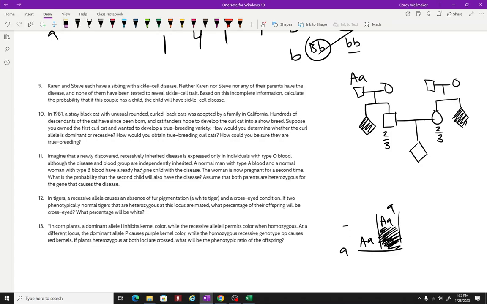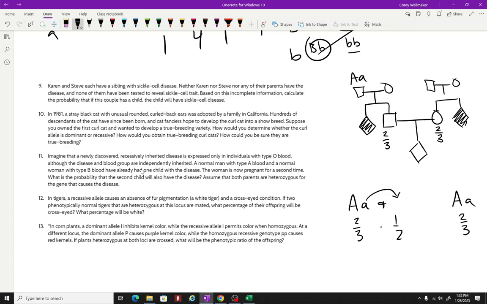But not only do they have to be carriers, they also have to pass down little a. So the probability of Steve being a carrier is 2/3, and passing down the little a is 1/2. The probability of his partner being a carrier is 2/3, and passing down her little a is 1/2.